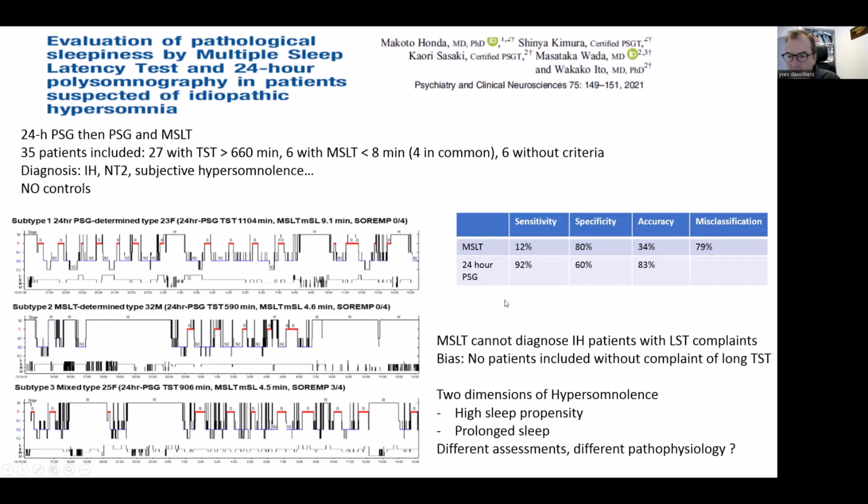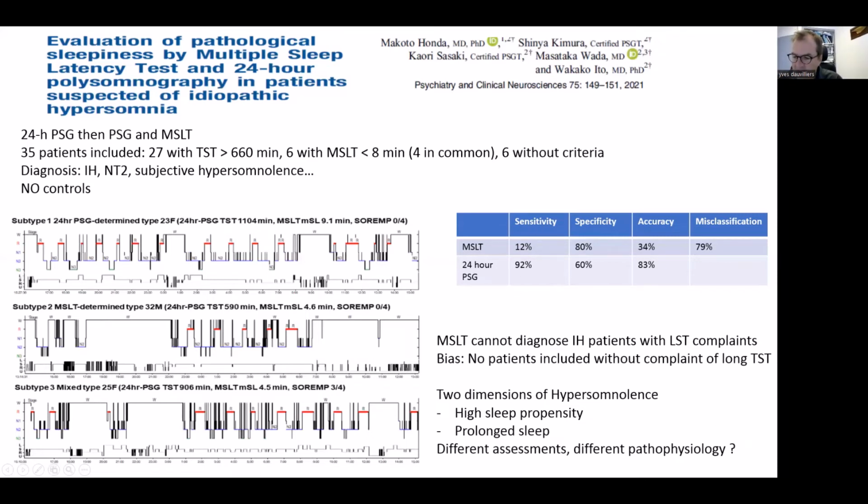So that confirms it is very heterogeneous, under the umbrella of narcolepsy for the last one, but under the umbrella of IH for the first 2, and it's a completely different IH phenotype. And the MSLT cannot diagnose IH. The sensitivity here is just 12%, so it cannot be used to diagnose IH.